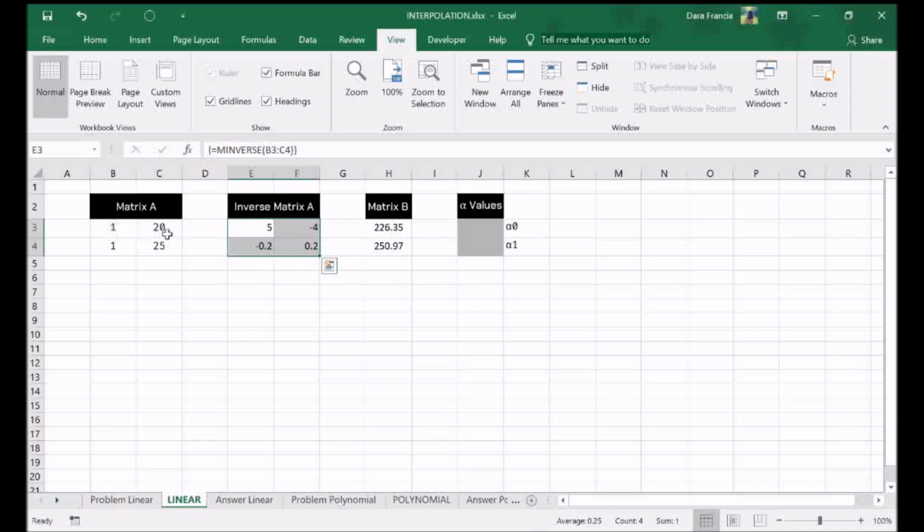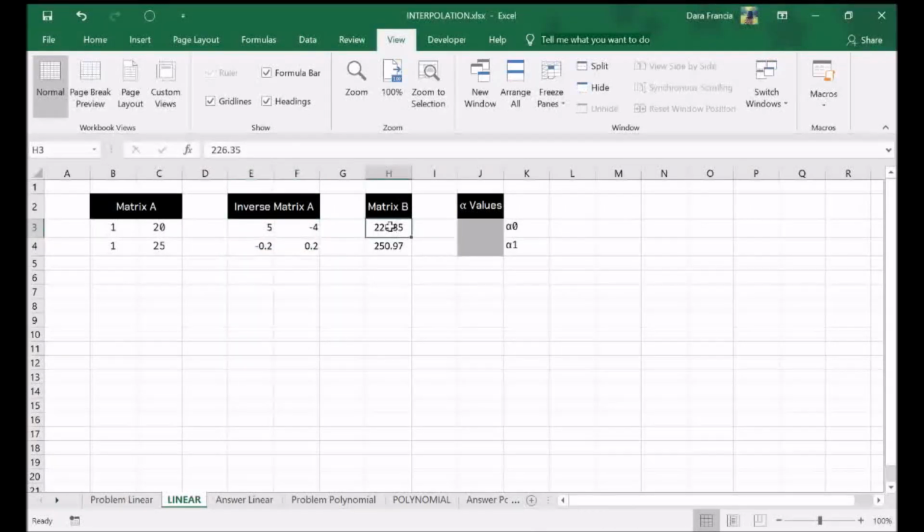Now we have the inverse of our matrix. Don't forget to hold Shift and hold Control. The next thing we will do is multiply the inverse matrix with matrix B so we can have the values of A0 and A1.